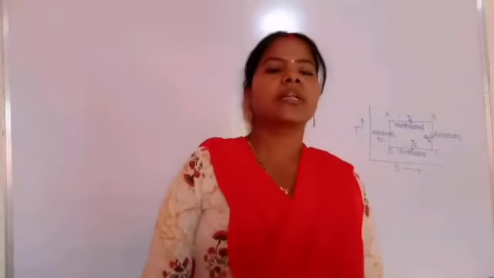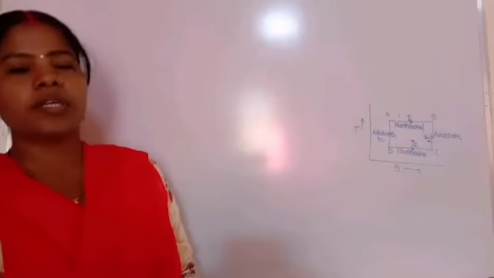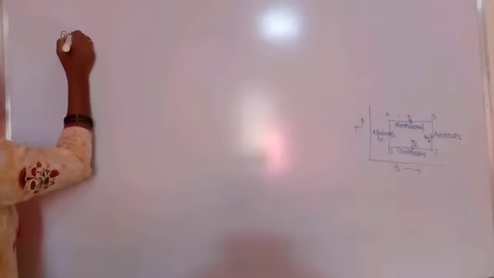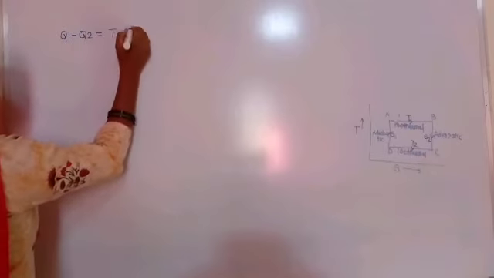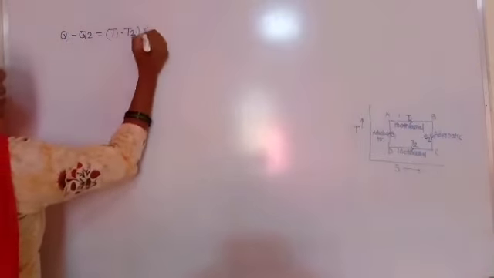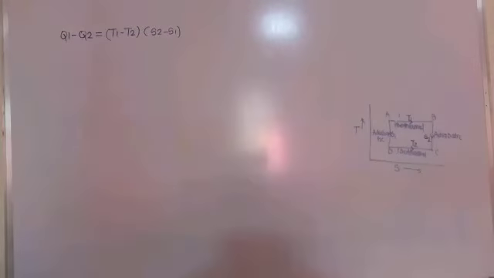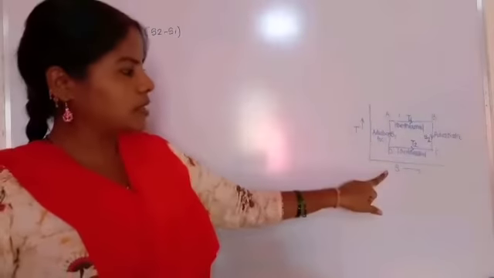That type of diagram is called the TS diagram. For the working of the TS diagram, which we already showed in the last class, we calculate Q1 minus Q2 equals T1 minus T2 times S2 minus S1. This is the expression for the working of the Carnot cycle using the TS diagram.